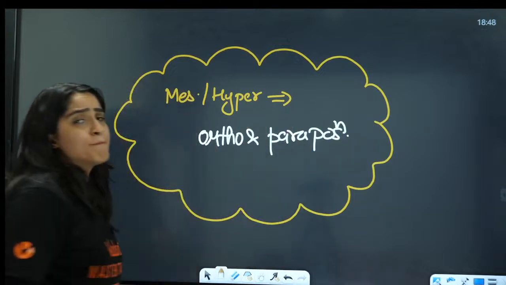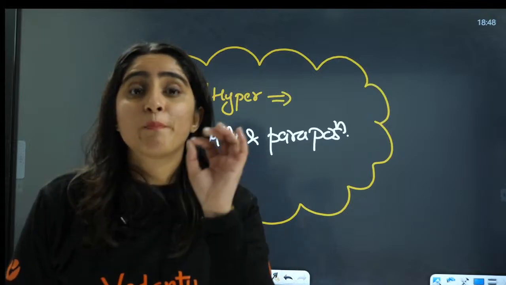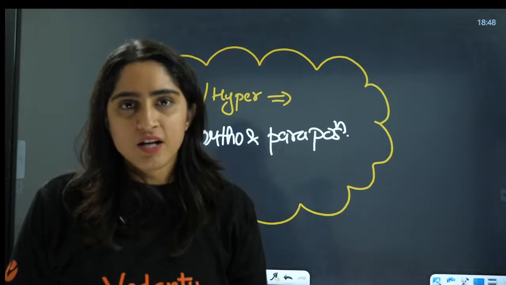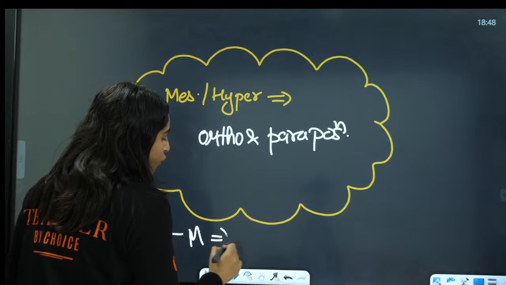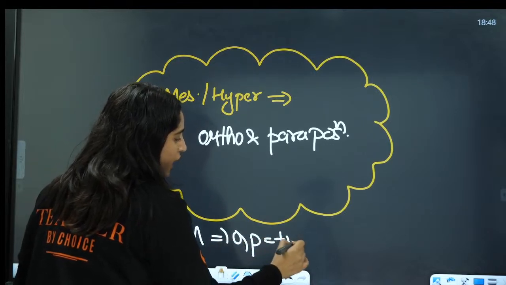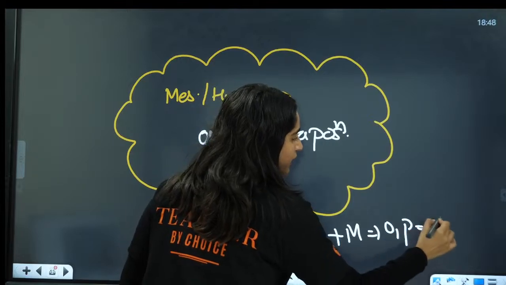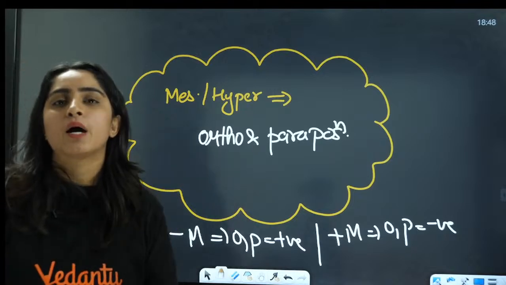There is no mesomeric effect on meta. As you know, when we apply minus M or plus M, I've already drawn the resonating structures. There we see that a minus M group gives ortho and para positive charge, and a plus M group gives ortho and para negative charge. There is no charge on the meta position.